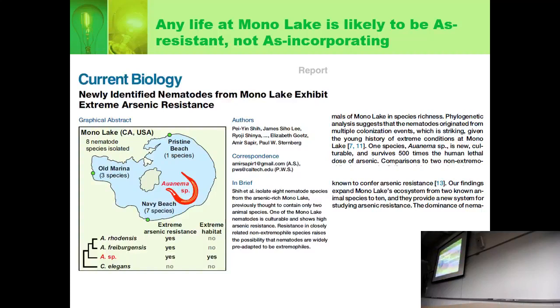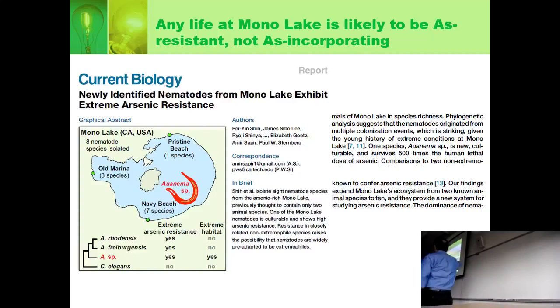And this is one of the things they did. They sequenced the worms, and they found that they were extremely arsenic resistant, and in other ways able to tolerate Mono Lake's really weird chemistry. They even found some genes that suggested how. Basically, there were 2 known species before 2010. Now there are 10 known species.